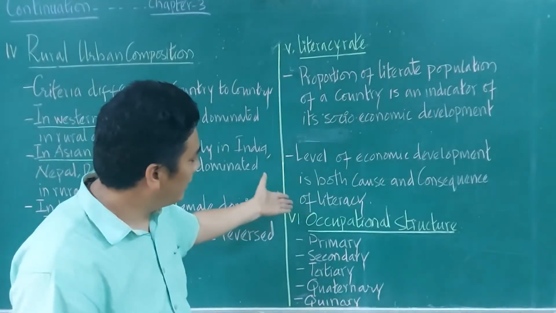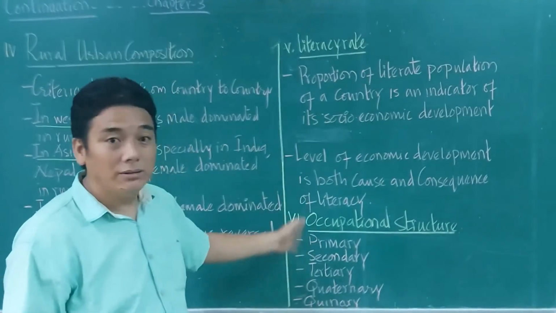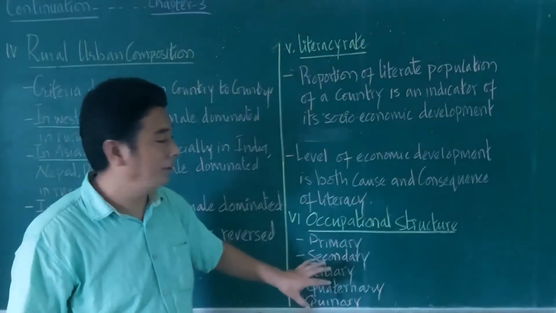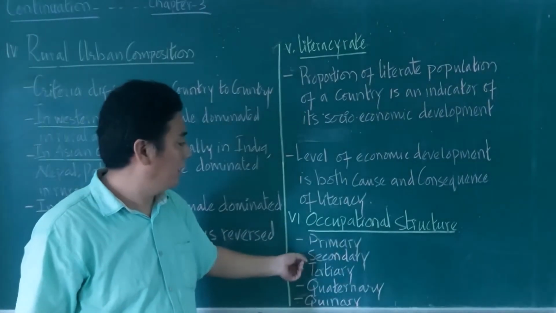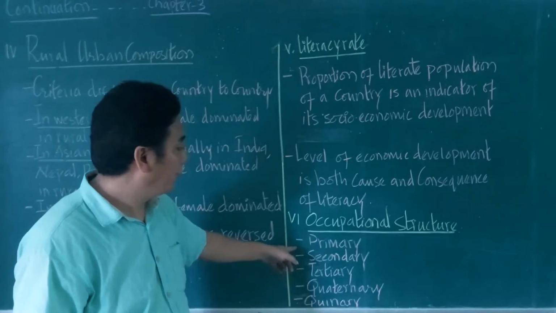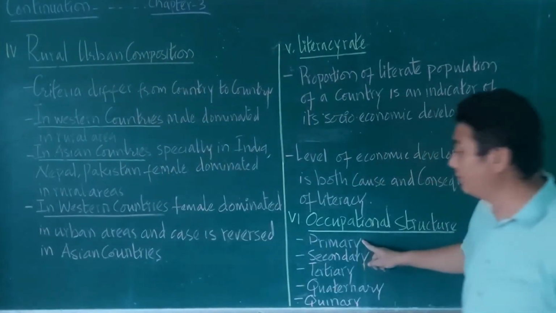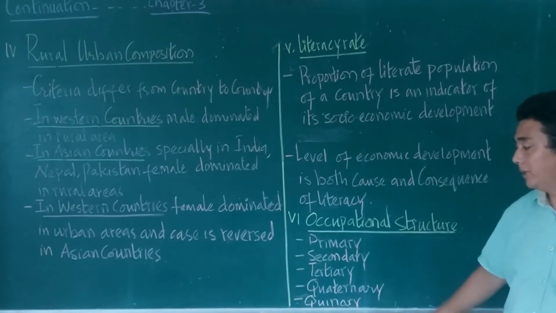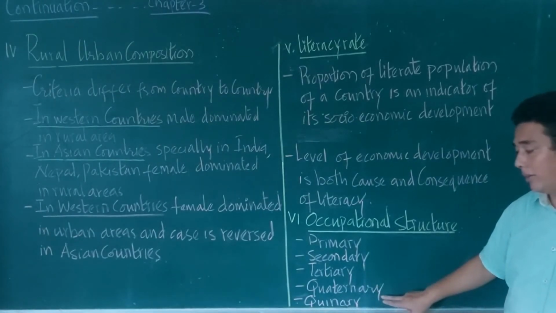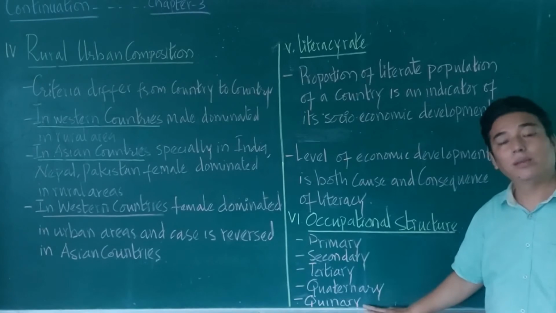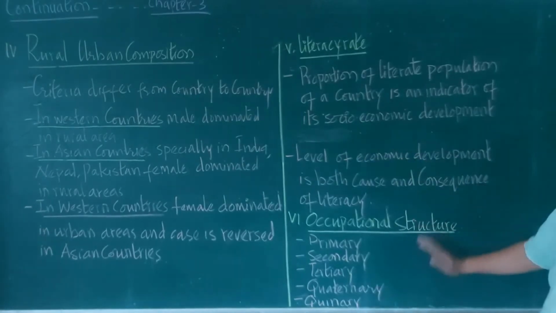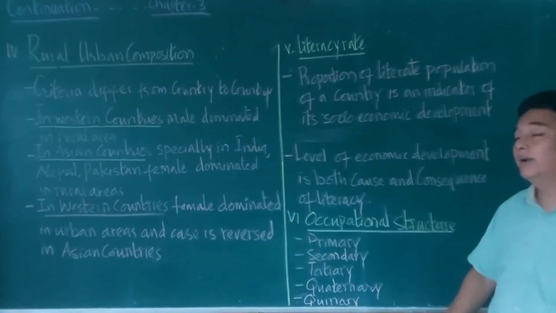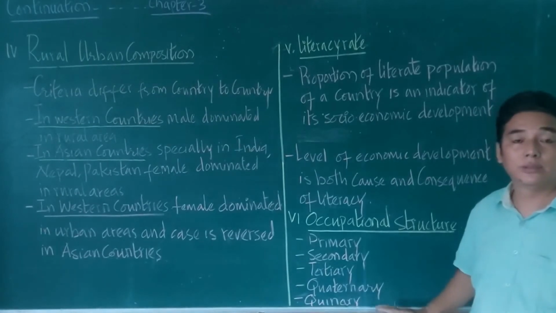For example, primary economic activities, secondary, tertiary, quaternary, and quinary economic activities. So people are engaged in different occupations.